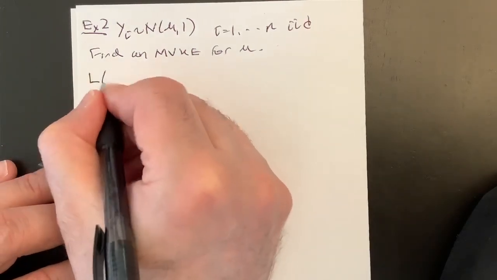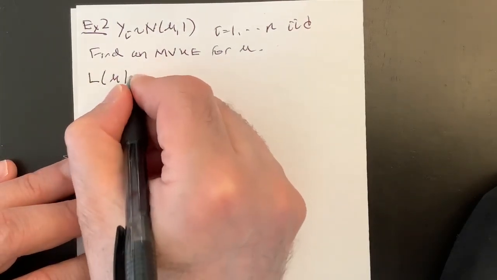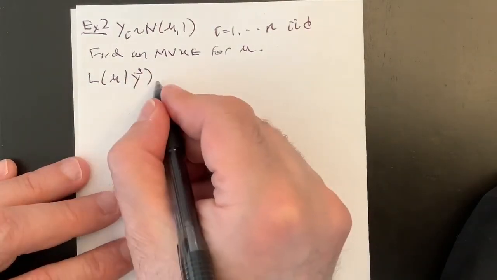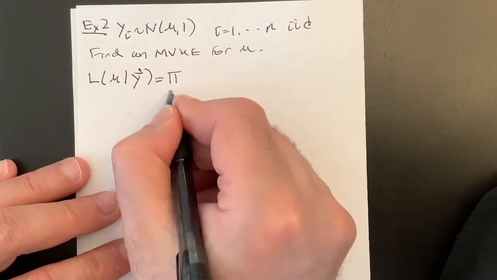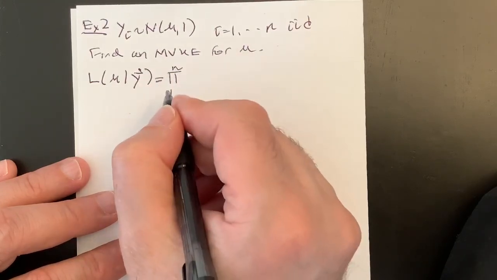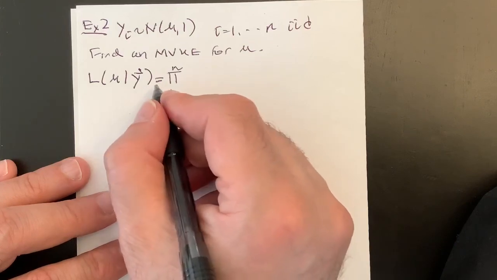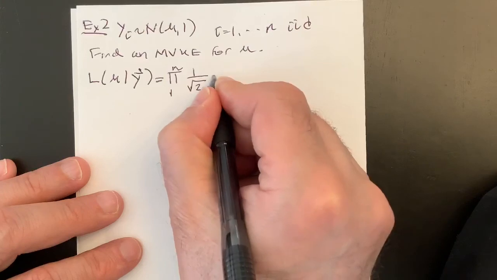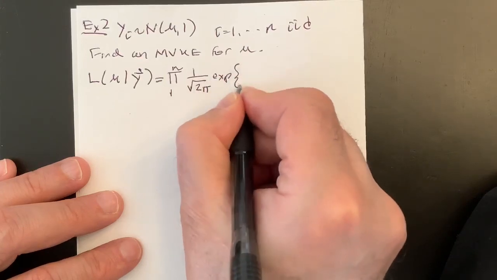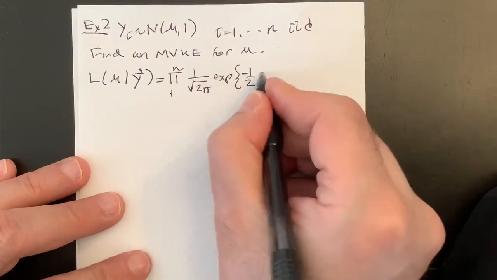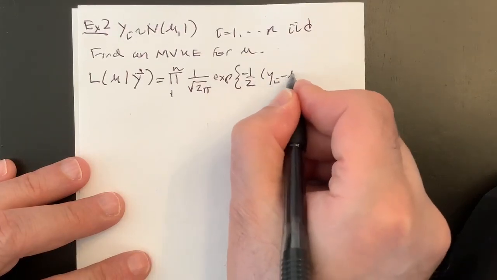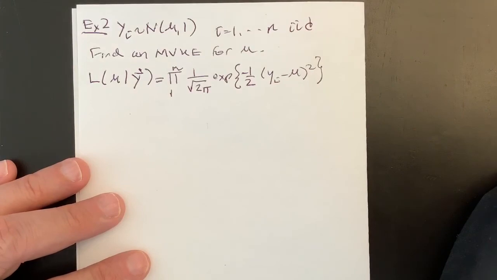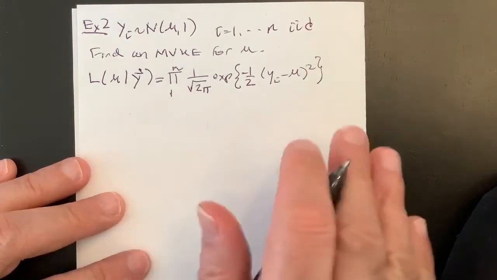So we have L(mu; y), write it like that, is equal to the product from 1 to n of 1 over square root of 2 pi times exp of minus 1/2 (yi minus mu) squared. Okay, let's multiply that out.